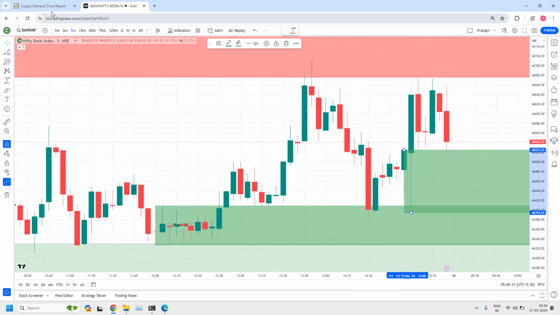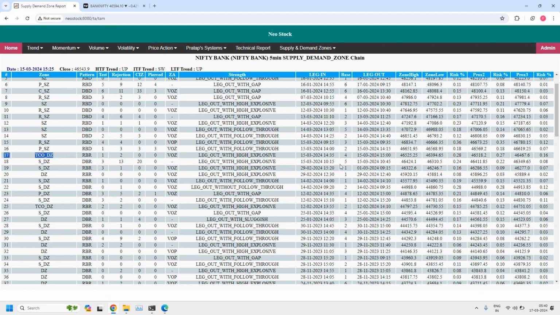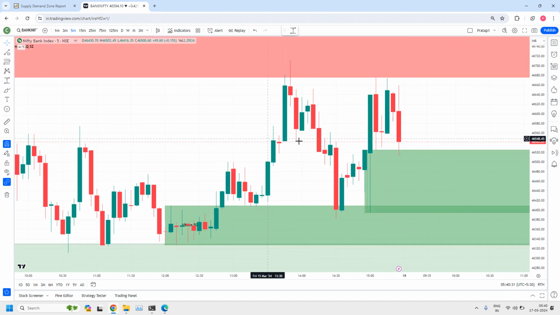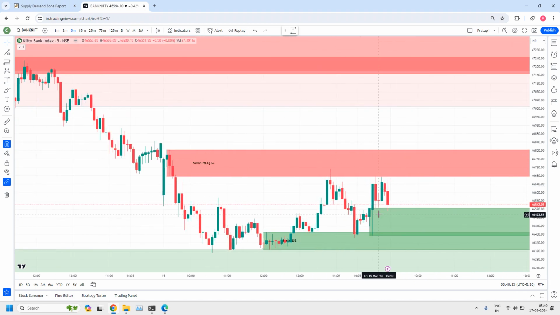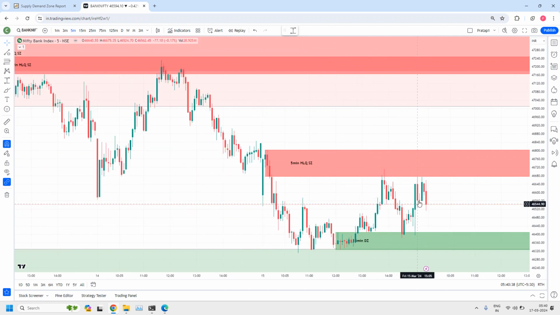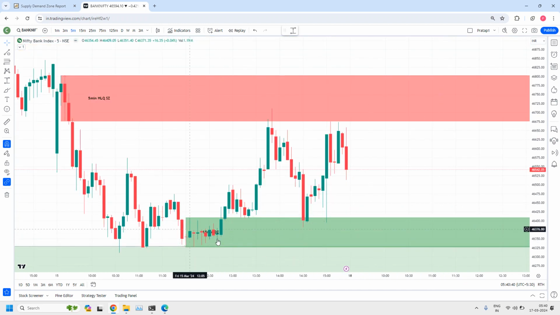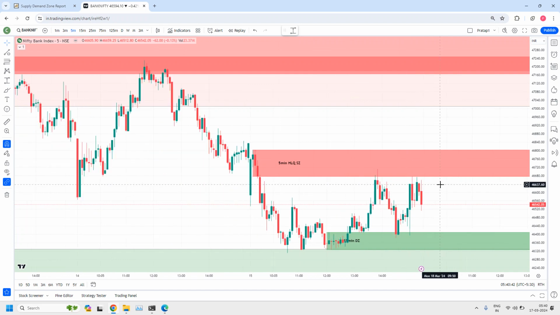The demand zone 5 minutes. The risk is also could be very high for this zone. What is the risk for this zone? 0.28%. Anyway, I am not really considering this. This is a low priority zone for time being, because this is the one that picked up the orders from here.